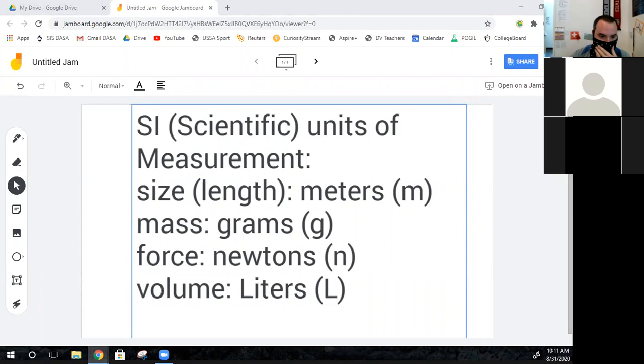Okay, let's see here. So let me pull this up here. National yard. So it is equal to 1/36 of a yard or 1/12 of a foot. But those aren't exact. Those don't equal each other. Because a yard is supposed to be 3 feet, but it's just slightly longer.